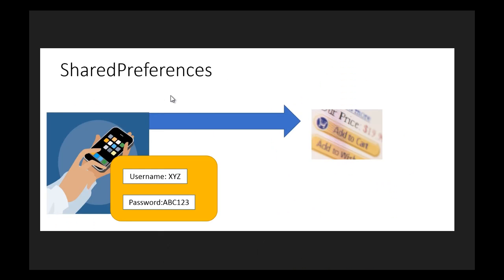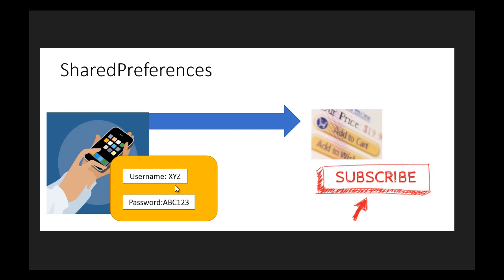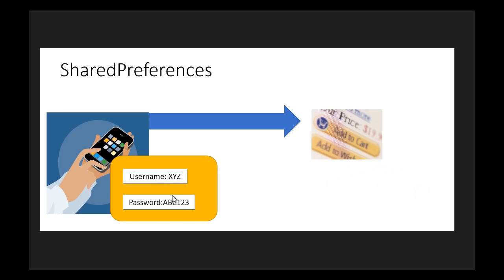So you have SharedPreferences. For example, if you use an app to buy something online, the app may need to store your username and password. In this case, username can be a key, and XYZ can be the value for this key, and ABC123 is the value for the key password. You can store the respective values in them.